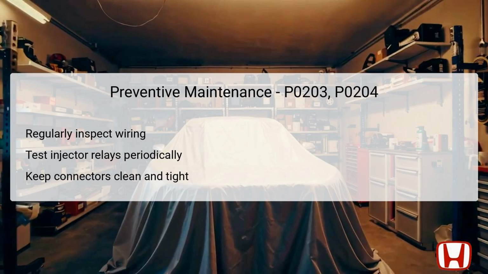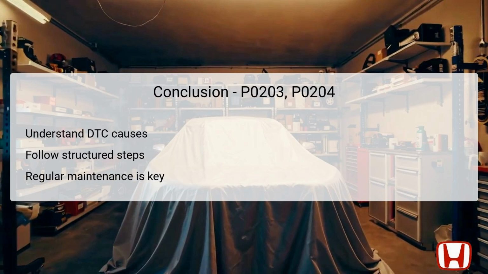In summary, understanding the causes for DTC P0203 and P0204 is crucial for effective troubleshooting and repair. These codes highlight issues in the fuel injector circuits, which are integral to engine performance. Following a structured approach during diagnostics helps isolate and address the issues systematically, ensuring a thorough repair process.